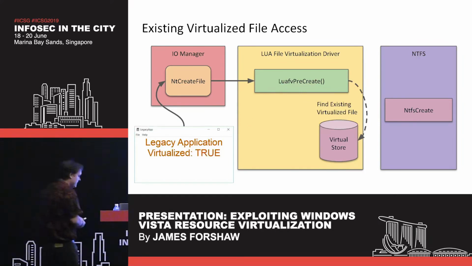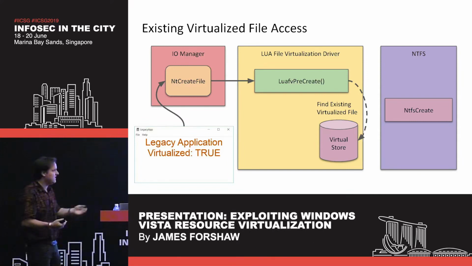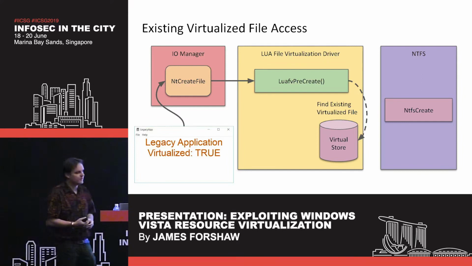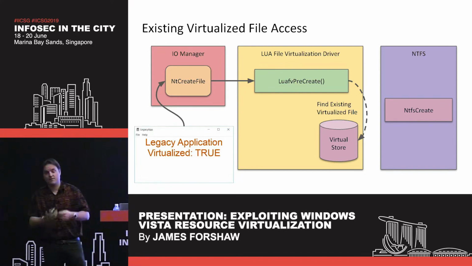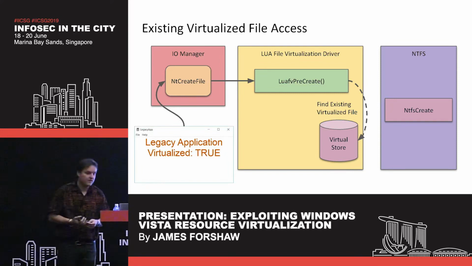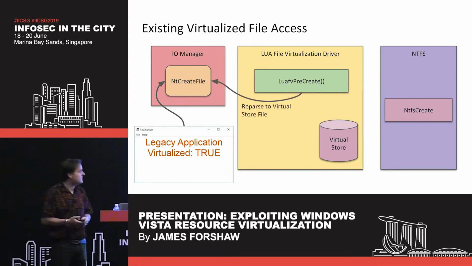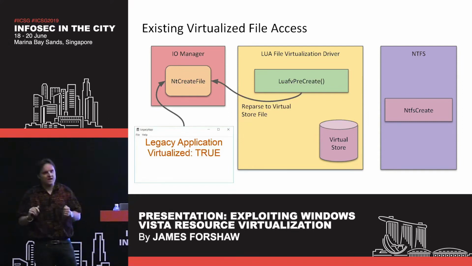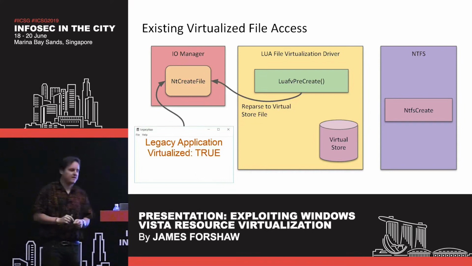But another thing the filter driver has to do is, if it's actually virtualized, ask whether there is an existing file which I've already virtualized that I need to handle. And so it will check inside this virtual store, which is on a per user basis. It'll say, is there an existing file that this virtual store already has, which will satisfy this request for me? If it finds that, then it says to the I/O manager, you know what, actually, you're not looking for windows/abc.txt.